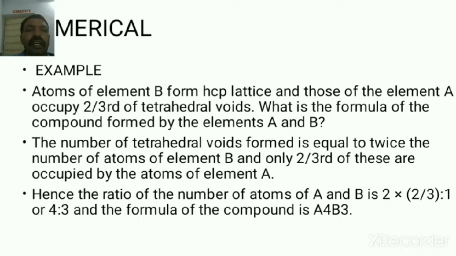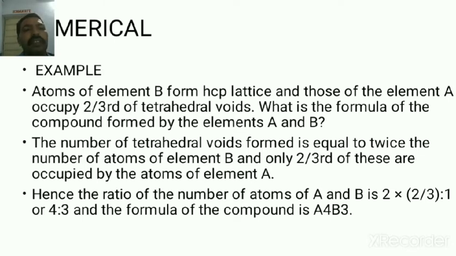The number of tetrahedral voids formed is twice the number of atoms of element B, because element B forms the close packed structure. If we consider the number of close packed particles B is equal to X, then the tetrahedral voids are double, that means 2X.